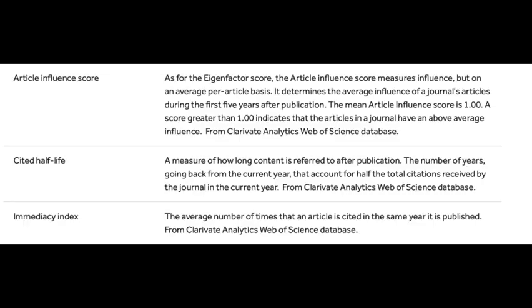The article influence score measures article influence, but on an average per article basis. Cited half-life is a measure of how long the content is referred to after publication. The immediacy index is the average number of times that an article is cited in the same year that it is published. So how quickly do other articles start citing that one?